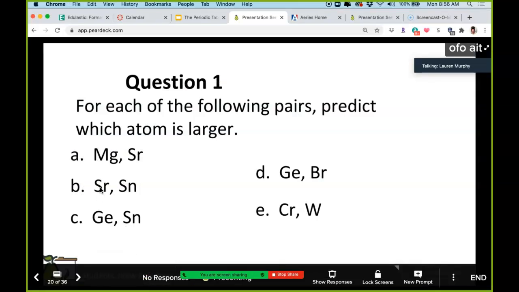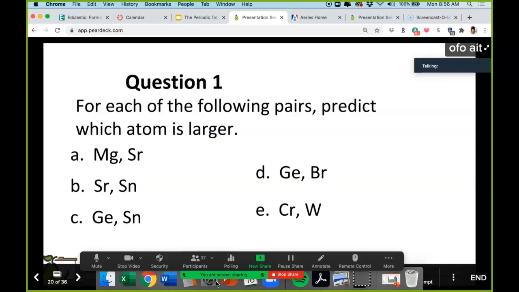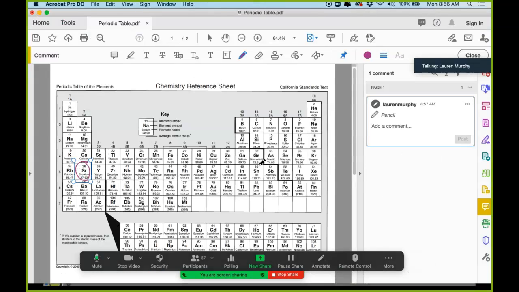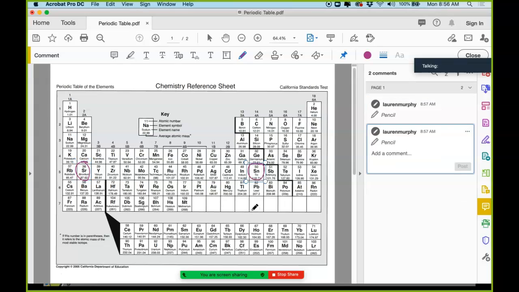All right. Let's try another one. Strontium or tin? Go to your periodic table, find strontium, find tin. These are in the same period, which means this one has 5 rings of electrons and this one has 5 rings of electrons. So it's not going to be the number of rings. They have the same number of rings.